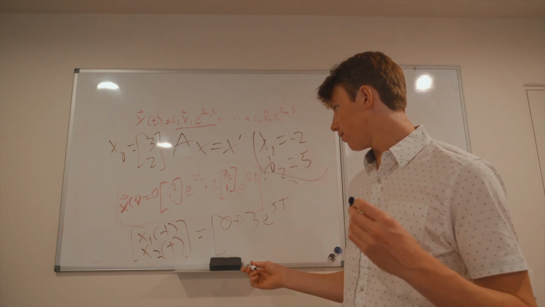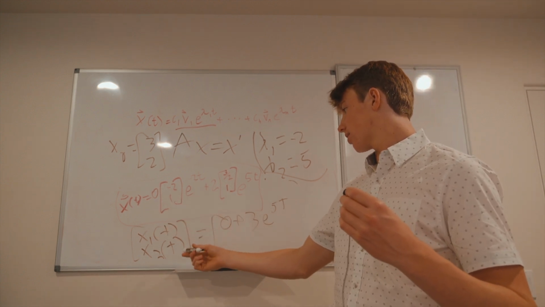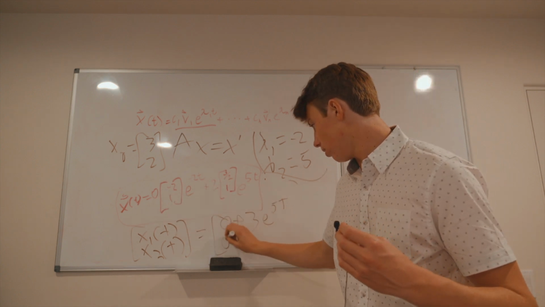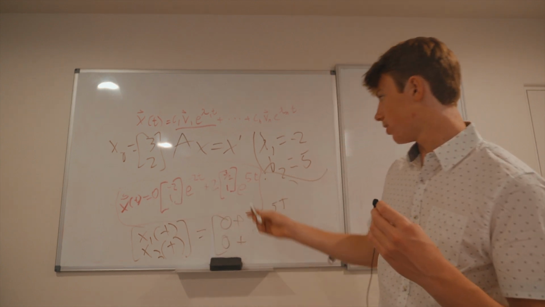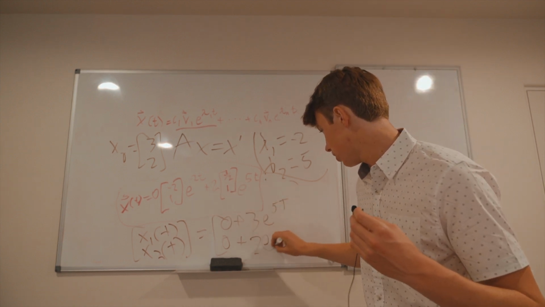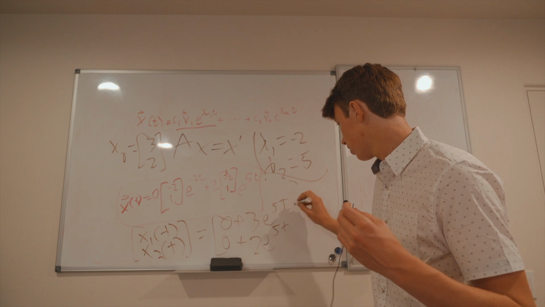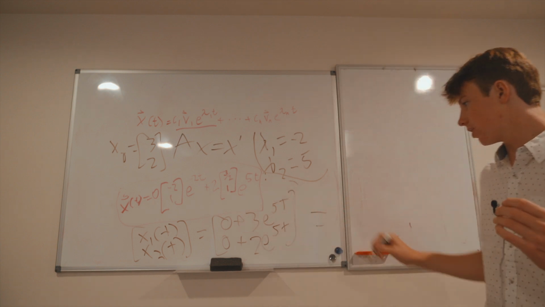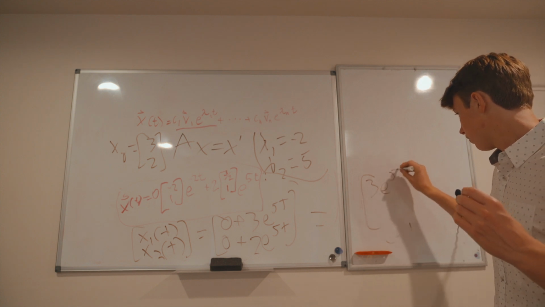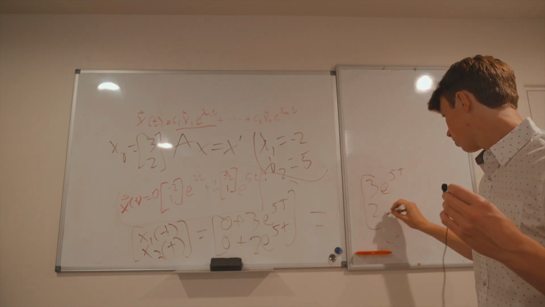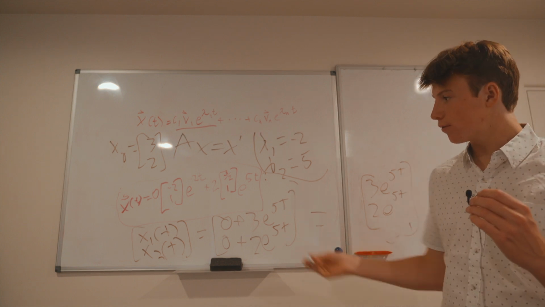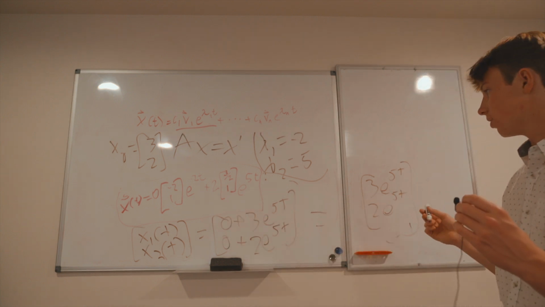And then we also have x2 of t is equal to 0 times 1 times e to the negative 2t, also 0, plus 2 times 1 times e to the 5t, which is equal to 2e to the 5t. All of this is equal to 3e to the 5t and 2e to the 5t. This is our final expression for x1 of t and x2 of t.